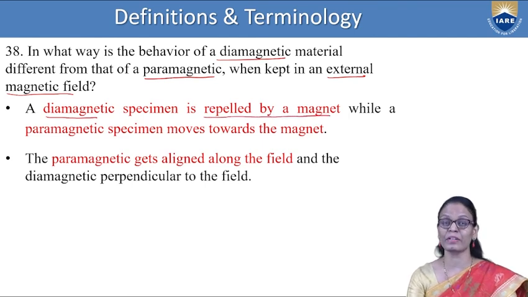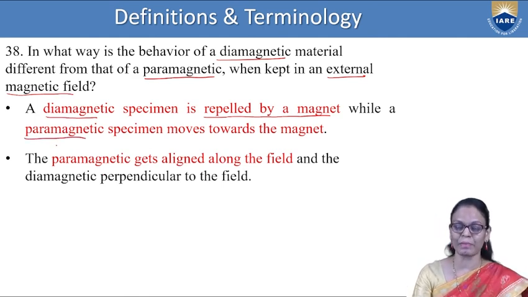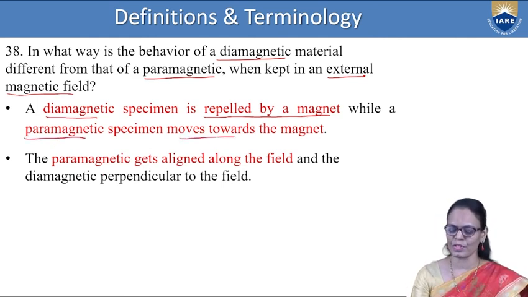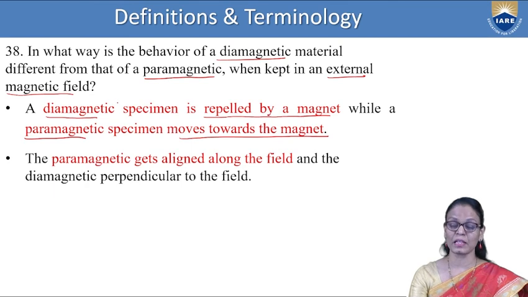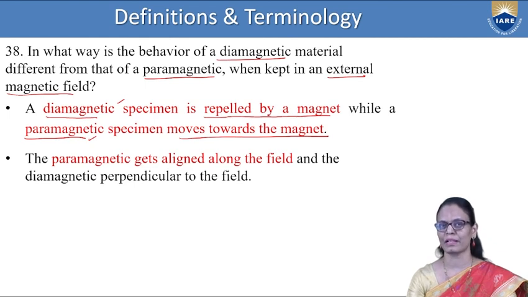It will not allow the lines of force to pass through it and it cannot be magnetized. While a paramagnetic material moves towards the magnet, it is attracted towards the magnet.